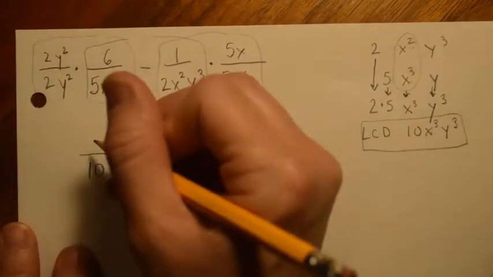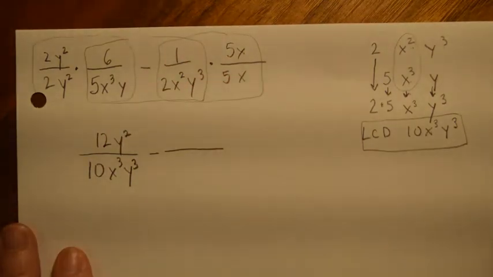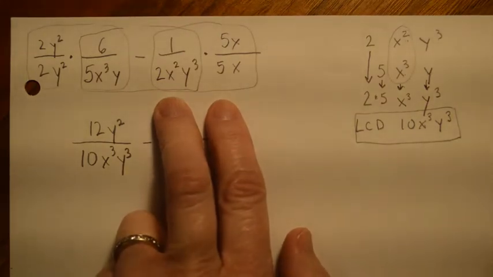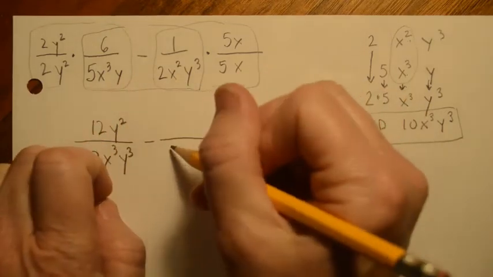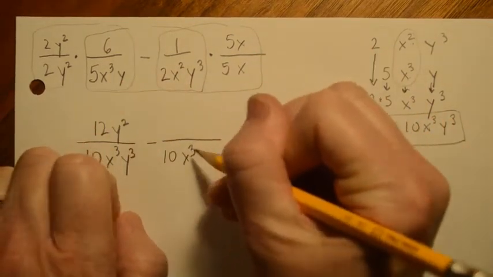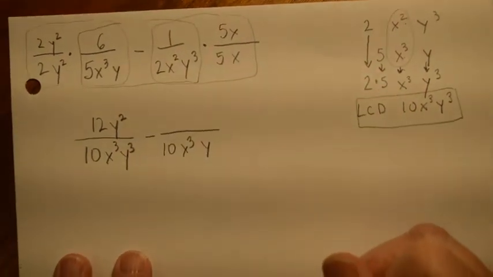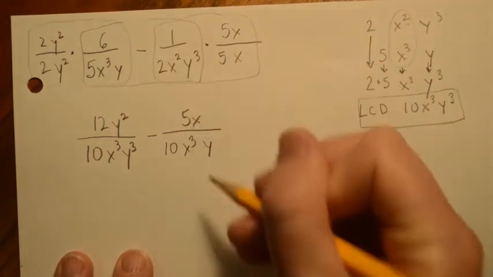That's going to give me 12y squared. And I come over here and multiply these two together. Again, I'm really hopeful that it gets me the right denominator. 5 times 2 is 10. X squared times x is x cubed. And then we have that y cubed. In the numerator, that one's easy. 1 times 5x just gives us 5x.